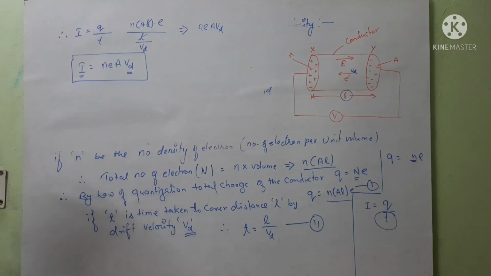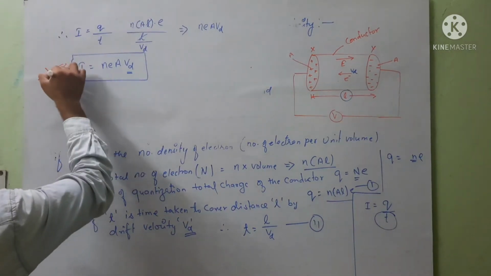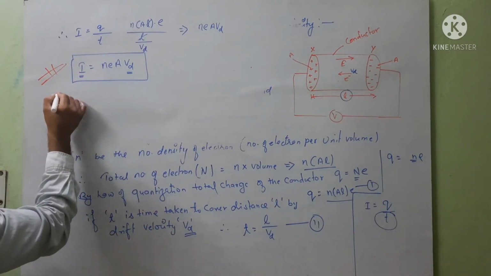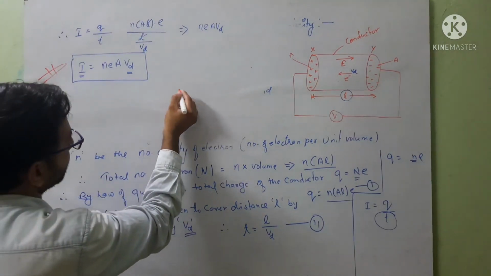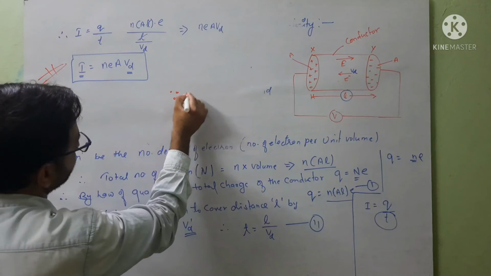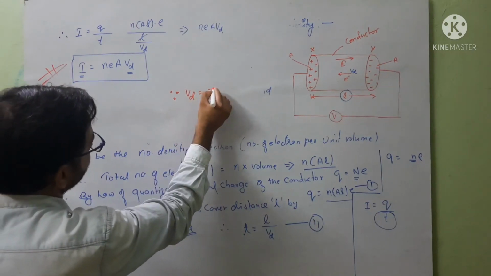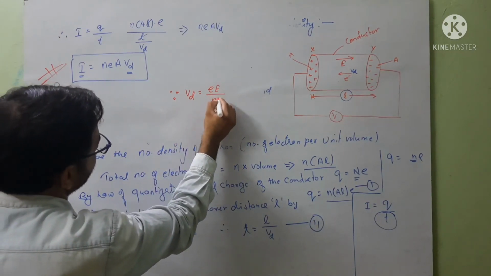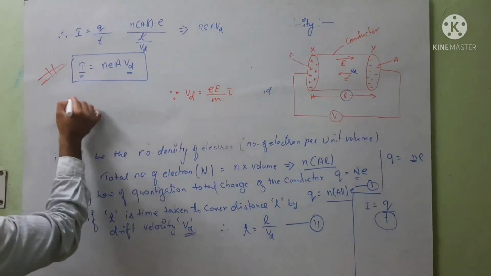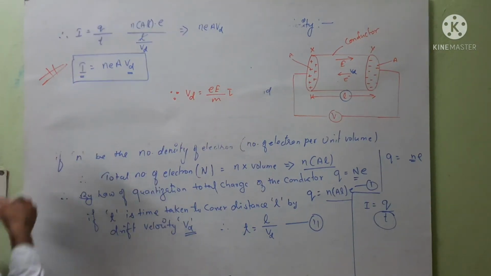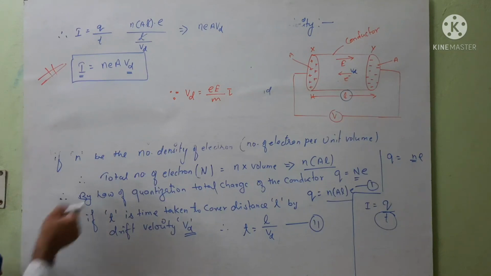On the other hand, we can write this relation in terms of tau, since we know that Vd is equal to eE over m into tau. We know very well. So therefore we can write this relation in another way.